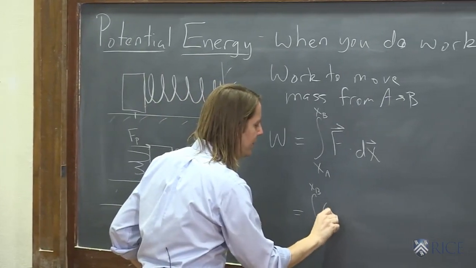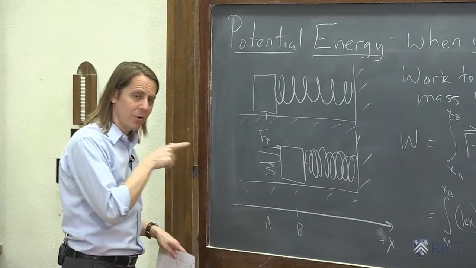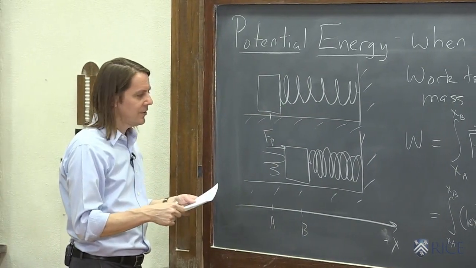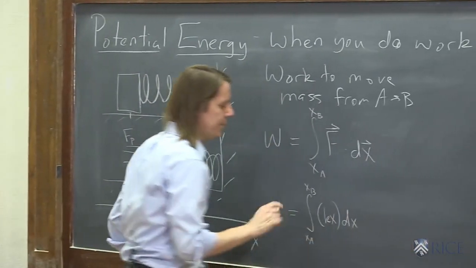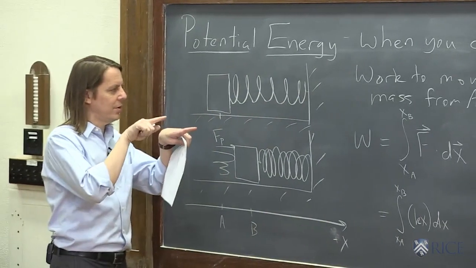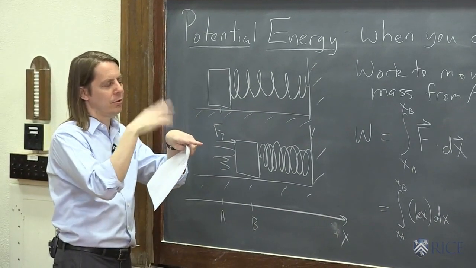I'm going to leave that negative sign out from Hooke's law because I'm not calculating the spring's force, I'm calculating our external force. So that's kx and then dx, and the dot product isn't there because they're in the same direction. The angle between the force and the displacement is 0, so cosine of 0 is 1.